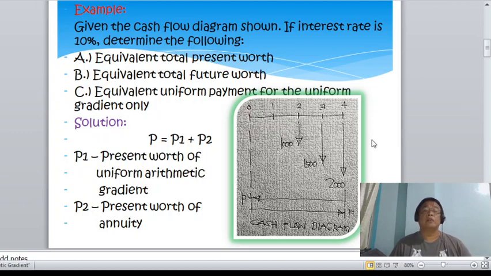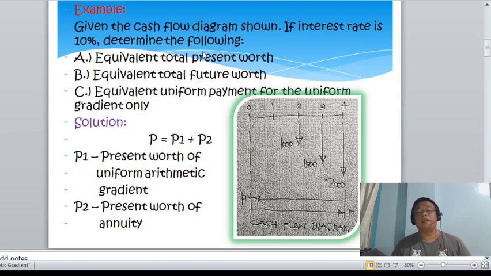Okay, so we have here, class, the cash flow diagram showing the payments: at 2, which is 1,000. Another at 3, we have 1,500. And another is 2,000. Okay. So, for A, we are going to determine the total present worth, of course.